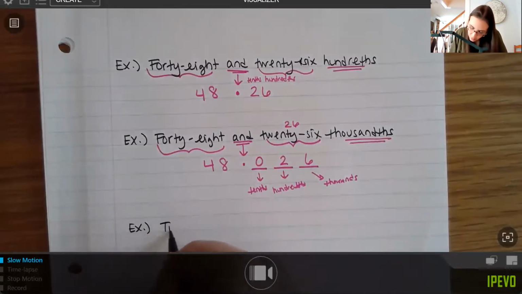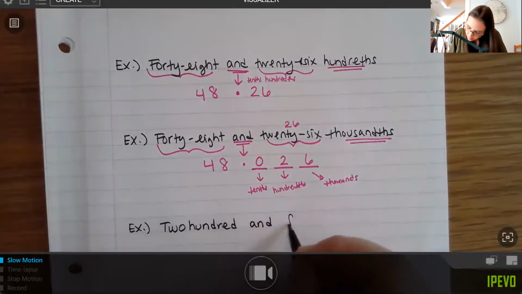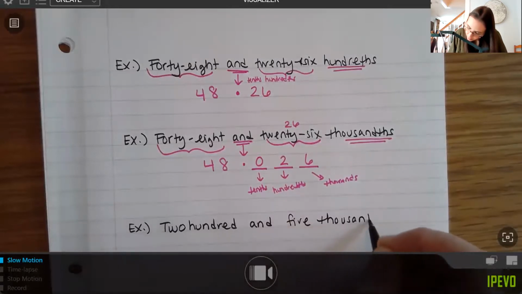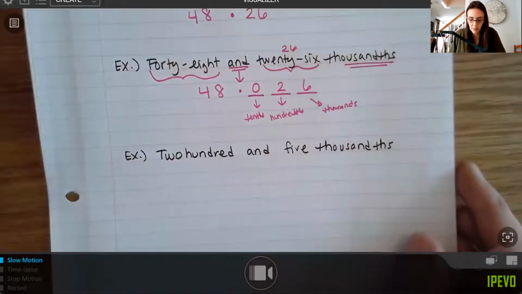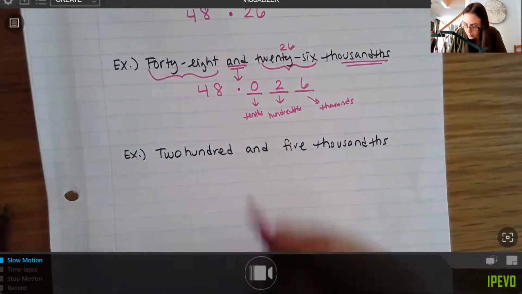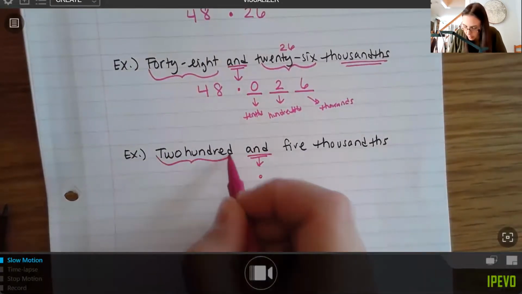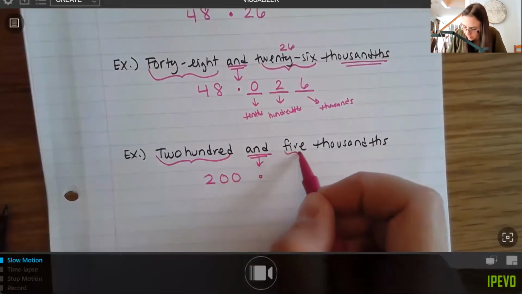Maybe I have 200 and 5 thousandths. So start with what you know. That word "and" is going to give you the decimal. 200 is 200. I have the number 5 here, so that looks like that.